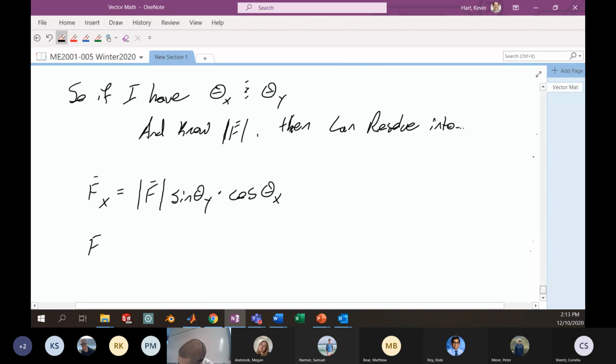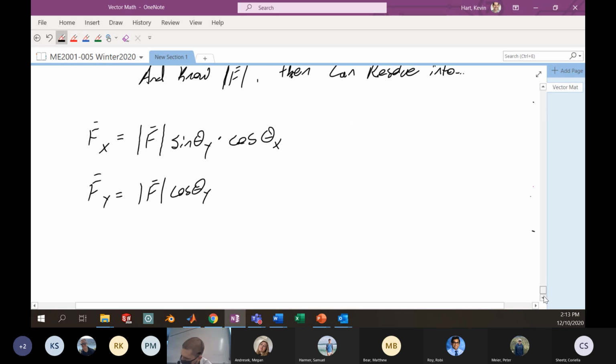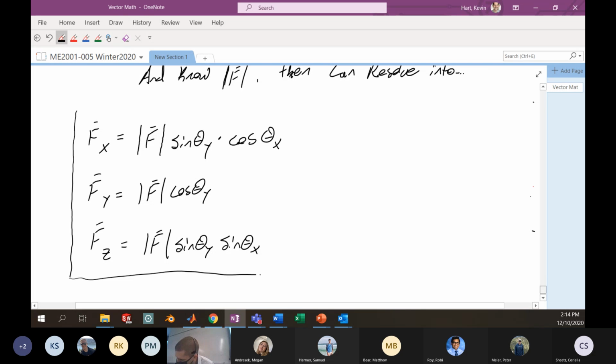Continuing, I have Fy is this magnitude of F times cosine theta y. And I could continue with Fz is magnitude of F times sine theta y times sine theta x, okay? And so this would be just taking some random force that we have in space and resolving it into x, y, z components, where this is on i hat, this is j hat, this is k hat.